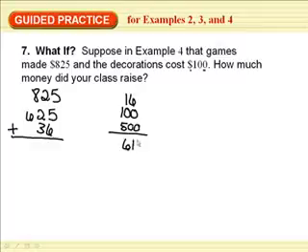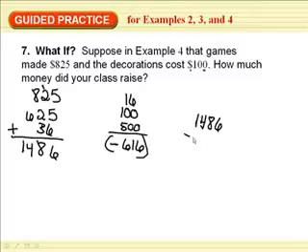So that is $616 in expenses, which is negative. And this is 16, carry the 1, 3, 5, 6, 7, 8. 1486, so we subtract those. So 0, 7, and 8.